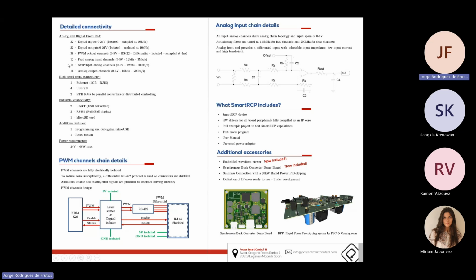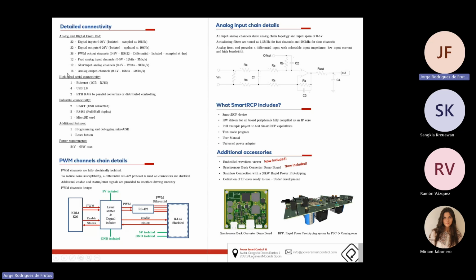We have 24 analog inputs. 12 of them are slow and 12 of them are fast, being 500 kilosamples and 3 megasamples per second, respectively. Both of them are 12 bits and from 0 to 5 volts. We also have analog output channels.